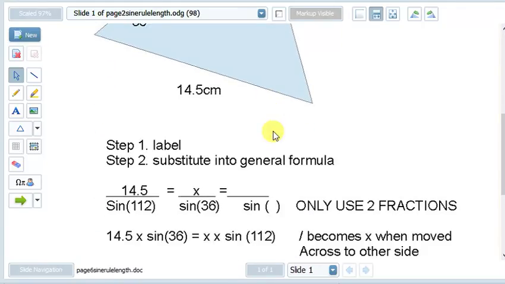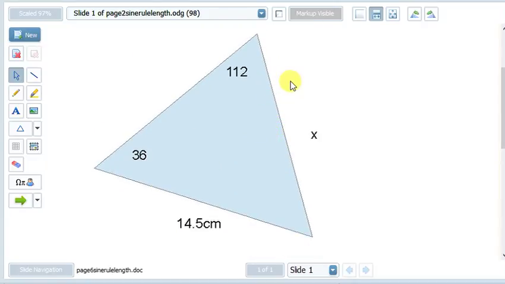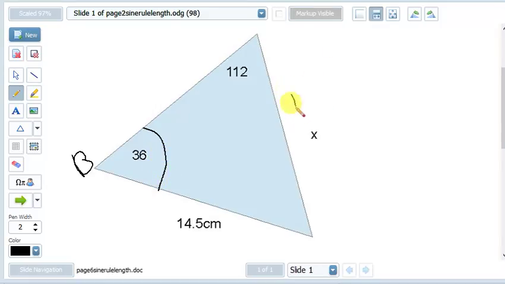So I'm going to label the triangle first. I'm going to call this vertex here B. Therefore the side opposite big B is little b. And then I'm going to call this vertex A. So therefore the length opposite vertex A is little a.